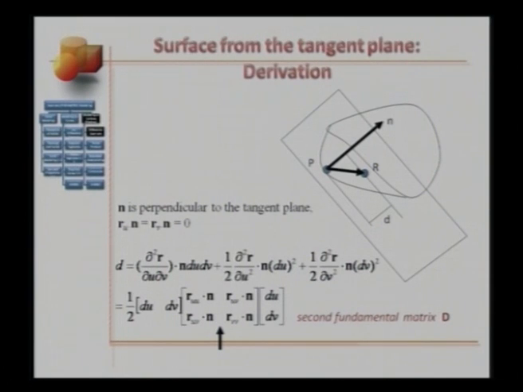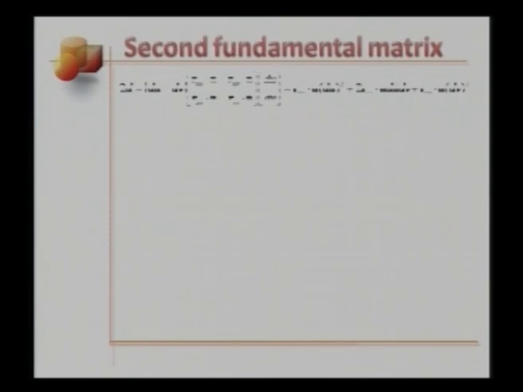This matrix allows us to classify points on the surface patch. Let's work towards that. So we have 2d equals the row matrix du dv times this 2 by 2 matrix, the second fundamental matrix D, times the column vector du dv.